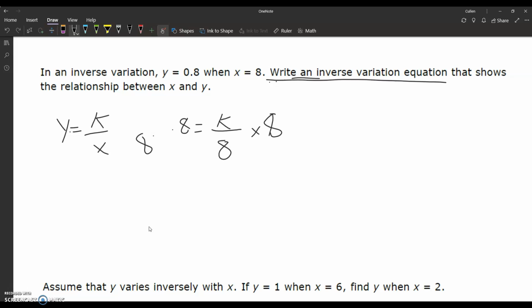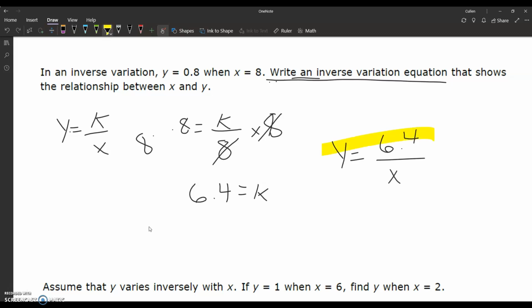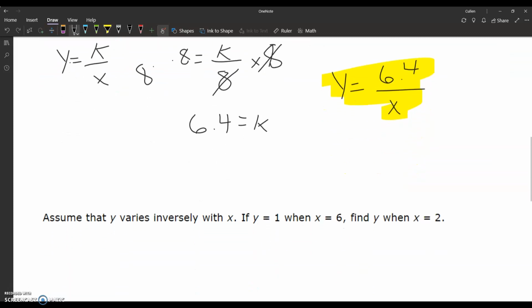And then on your calculator, it's hard to see, but this is 0.8 times 8. So if you do 0.8 times 8, I get 6.4. So that tells me k equals 6.4. And then your final answer, you just write y equals, plug in 6.4 for k, and then divide it by x. And leave the x and the y like that for this part, because your answer is that equation.